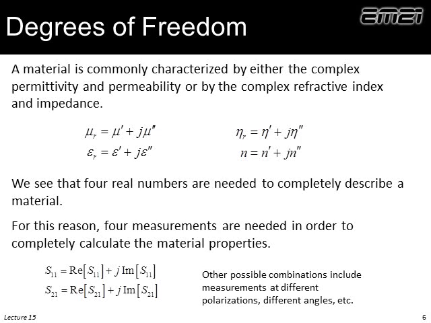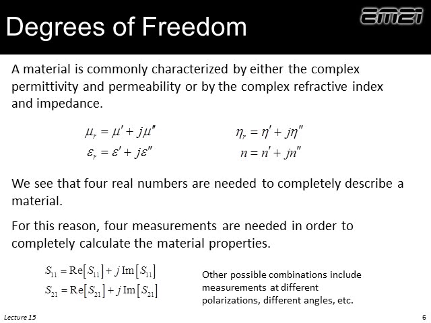Another thing that comes up is, for lack of a better title, I will call it degrees of freedom. When we measure transmission and reflection through a device, we actually have measured 4 different numbers. We have the real and imaginary part of the reflection and the real and imaginary part of the transmission. That's 4 numbers. So we have to think about how many things we want to determine.